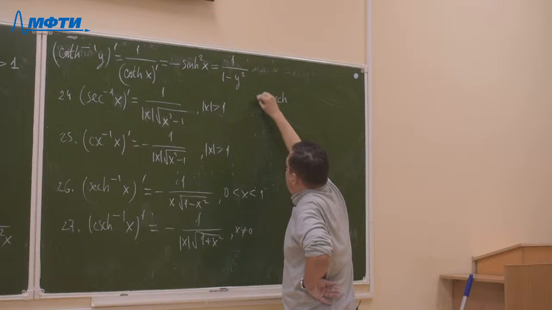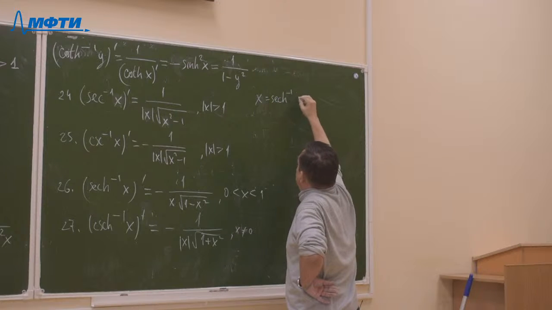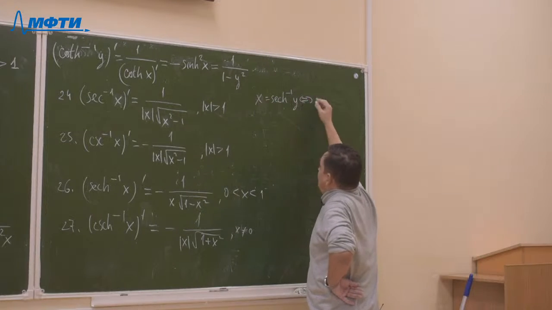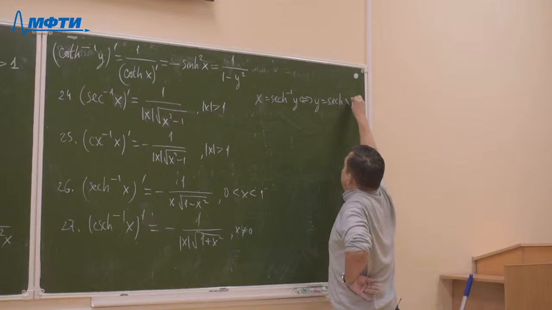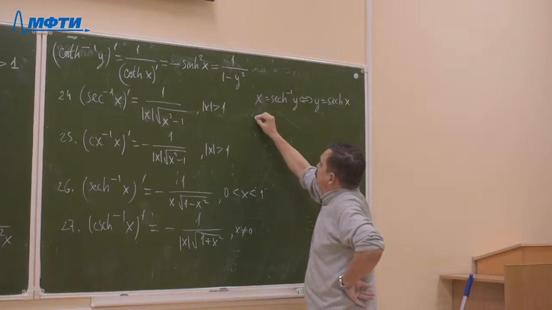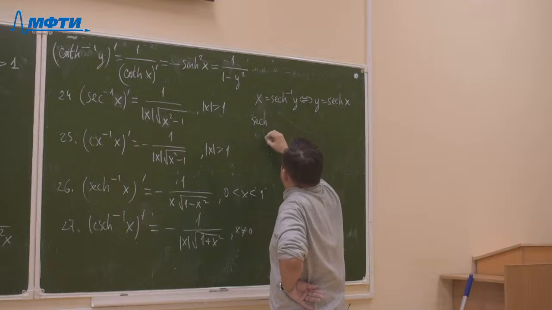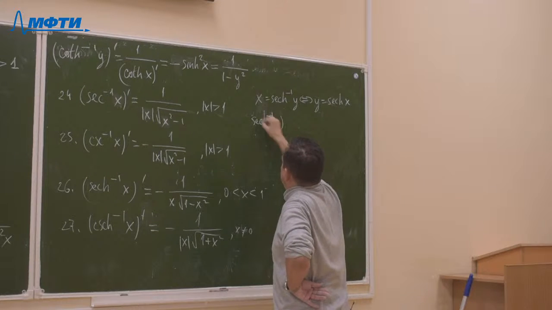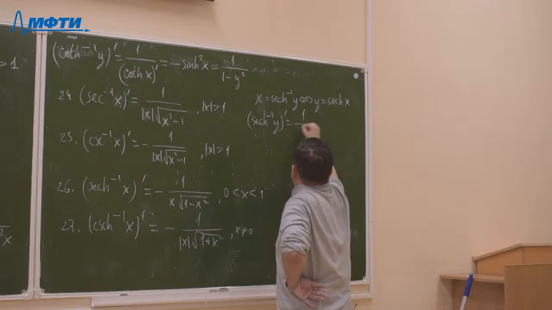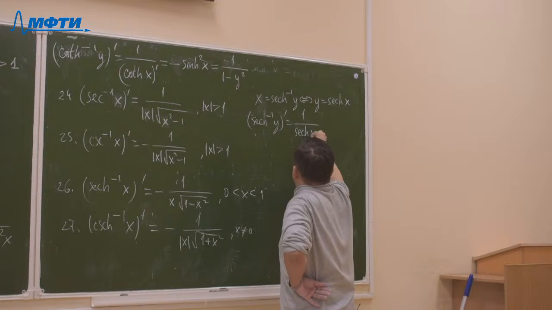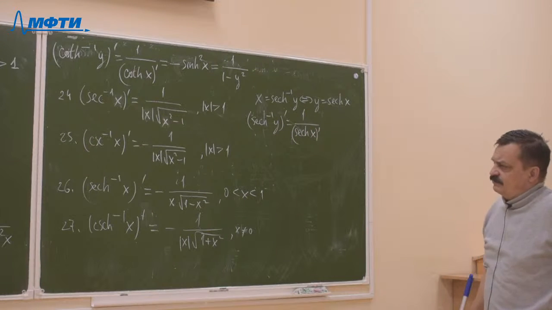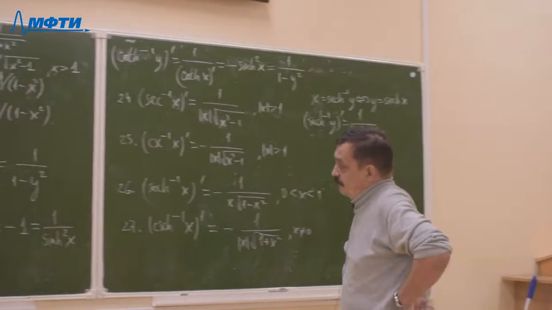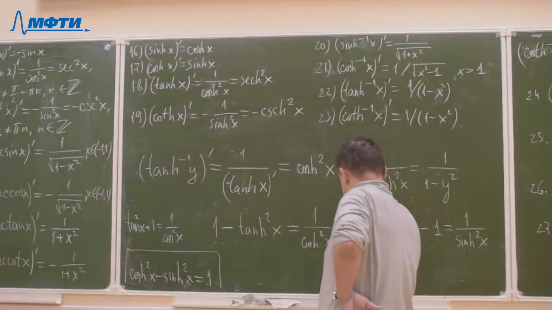Better to say x is secant hyperbolic minus 1 y, y is secant hyperbolic x, so secant hyperbolic minus 1 y prime is 1 over secant hyperbolic x prime. Oh, by the way, we didn't compute secant hyperbolic prime. Okay, let's compute.